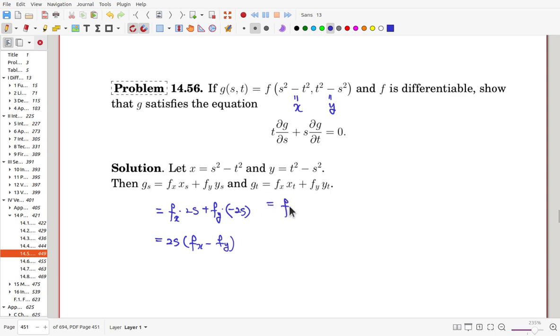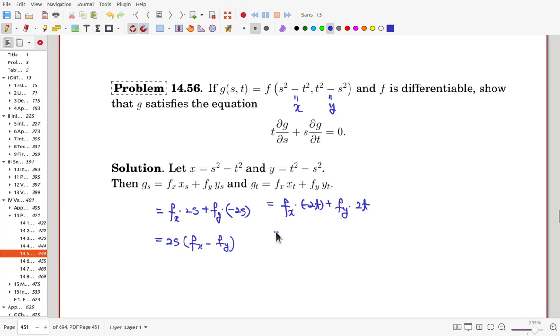f sub x, we don't know, so we write f sub x, x t derivative, minus 2t, plus f sub y, again not given explicitly, and the y t derivative, that is 2t.